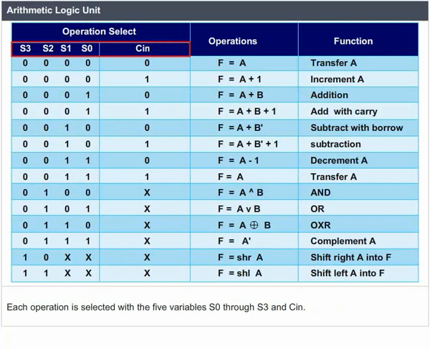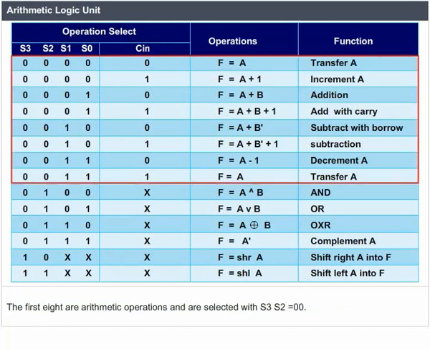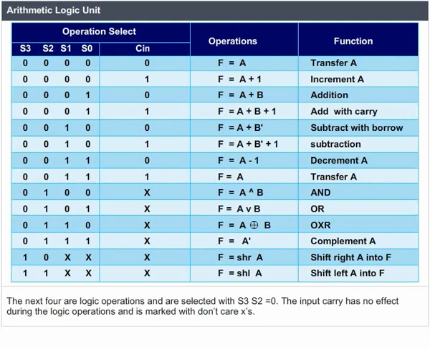Each operation is selected with the 5 variables S0 through S3 and Cin. The first 8 are arithmetic operations and are selected with S3, S2 equals 0, 0. The next 4 are logic operations and are selected with S3, S2 equals 0, 1.